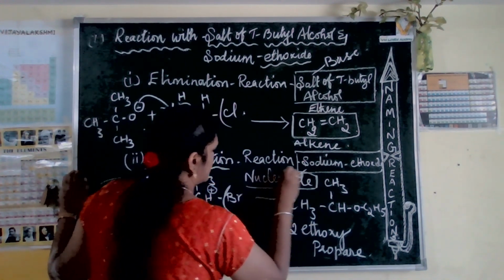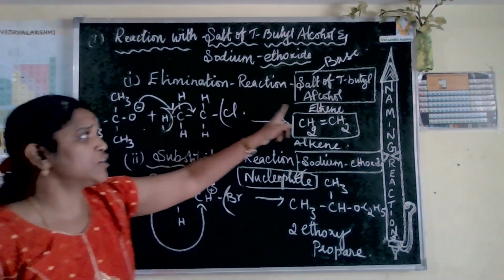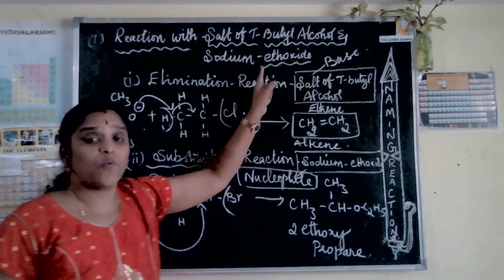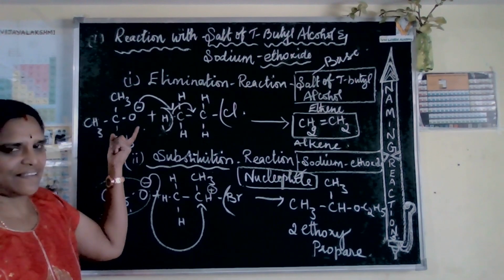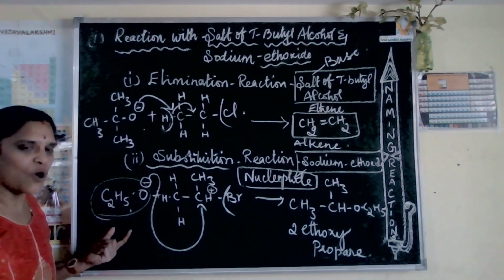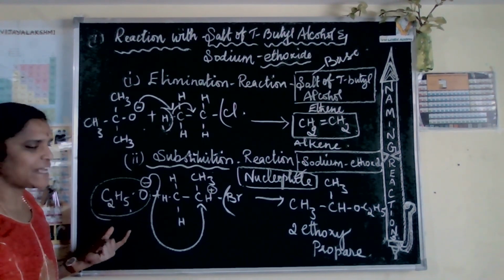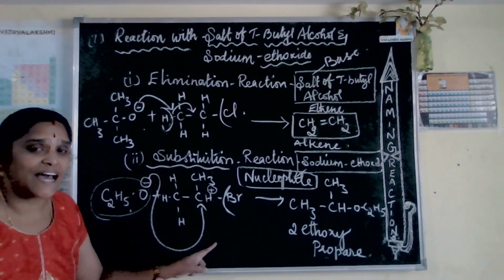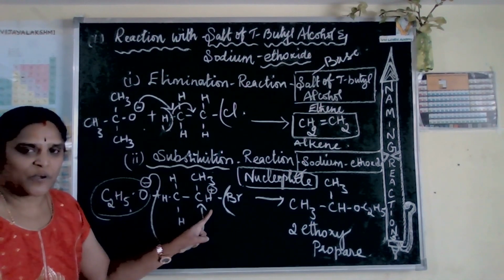Okay, fine. But here the salt of T-butyl alcohol acts as a base. Why? Because it is a bulkier group. The same way, the salt ethoxide acts as a nucleophile. Why? Because it searches for the carbocation.